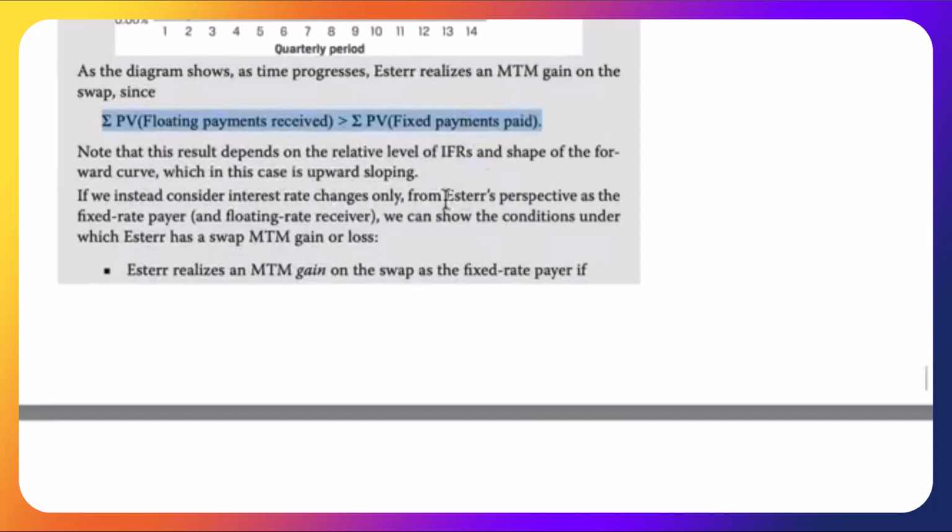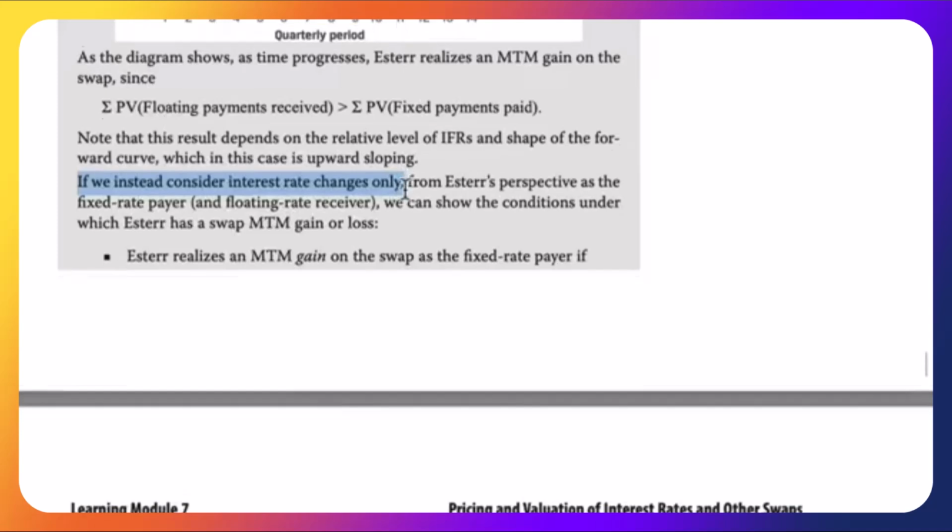So now we're saying, let's do it the other way. Let's just consider interest changes only. In other words, no time will pass. We will enter a swap and instantaneously change rates so that we control for this time variable.